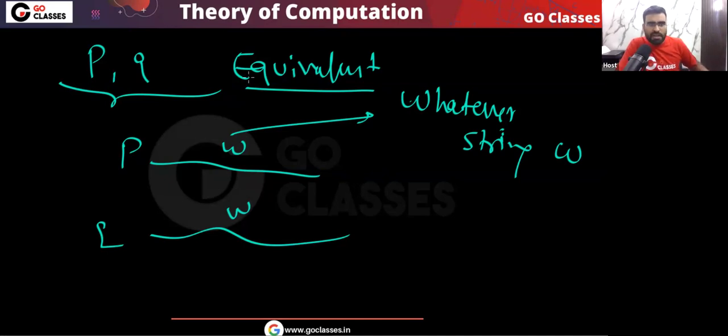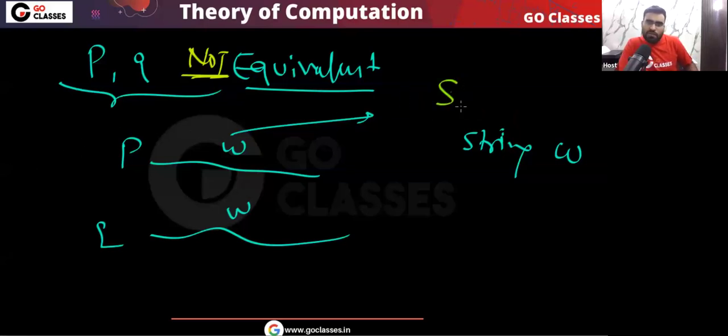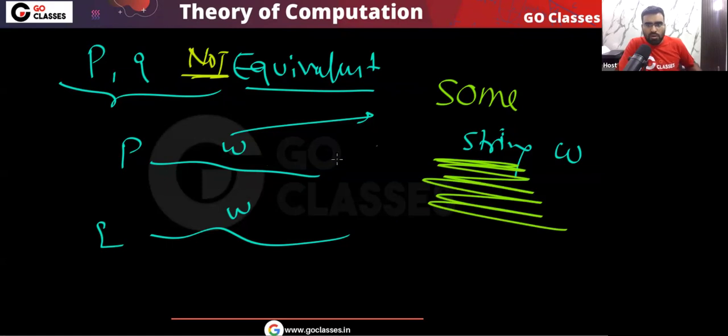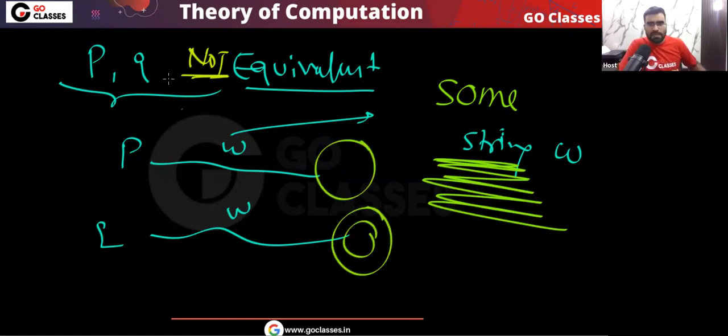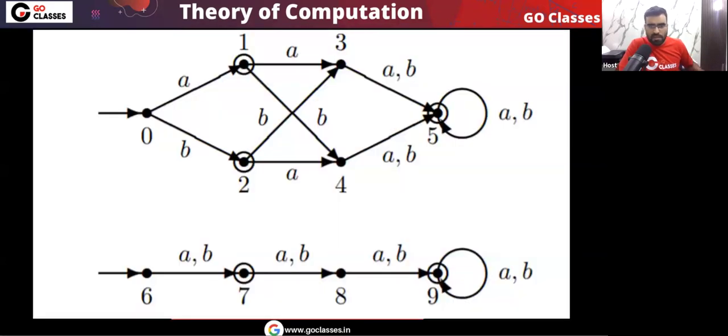And when can I say they are not equivalent? If there is at least one string w such that one of them goes to non-final and the other goes to final, then they are not equivalent. I hope this point is clear. Now let's move on.